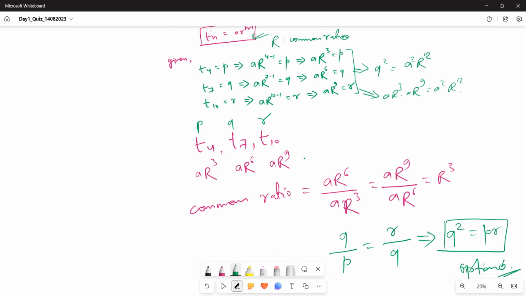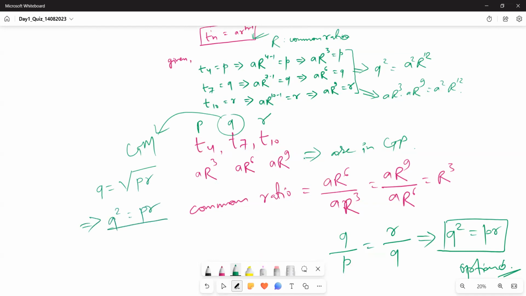In a GP with three terms, the middle term is the geometric mean, that is the square root of the product of the left and right terms. The left is P and the right is R, and the middle is Q, so Q squared equal to PR.